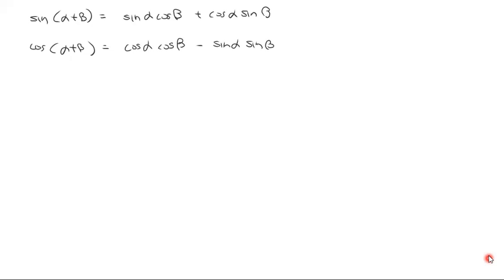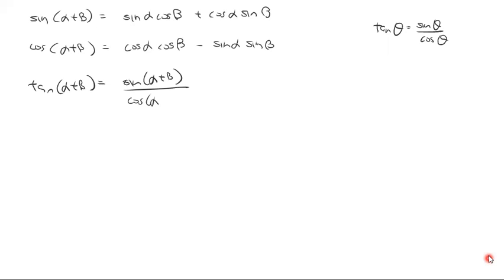How do you imagine we'd get tan? Sine over cos. Right. You know that tan theta equals sine theta over cos theta for any angle theta. So if I want to work out tan of alpha plus beta, for example, that would just be sine of alpha plus beta over cosine of alpha plus beta, right?